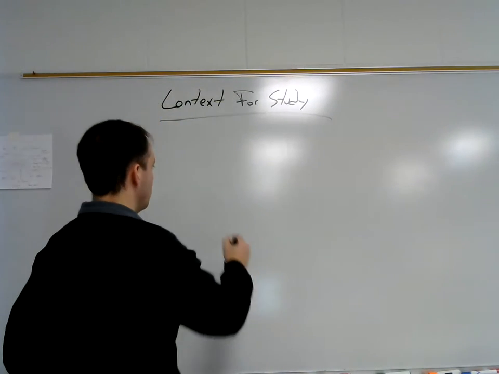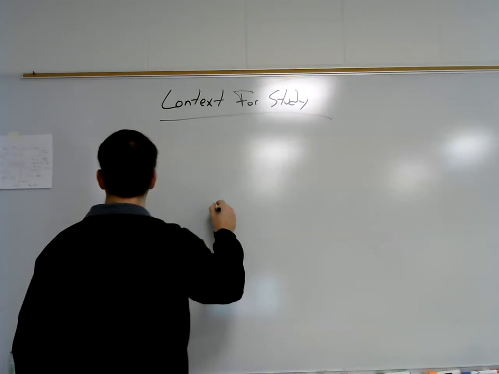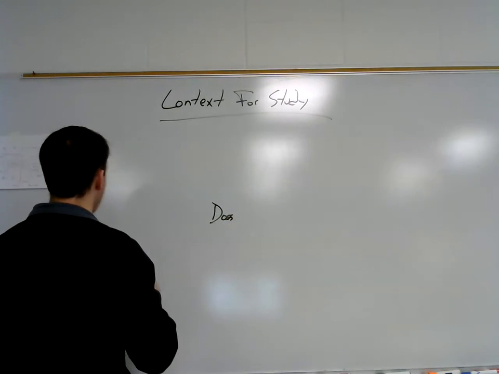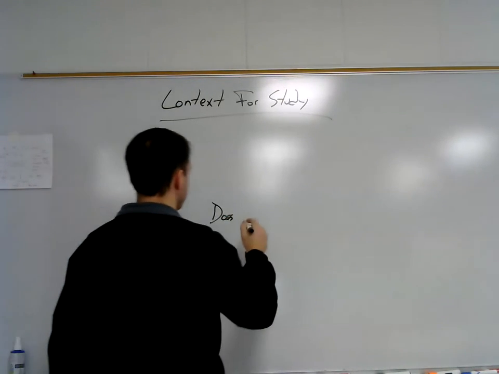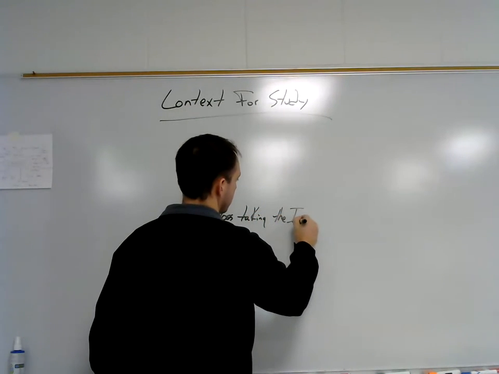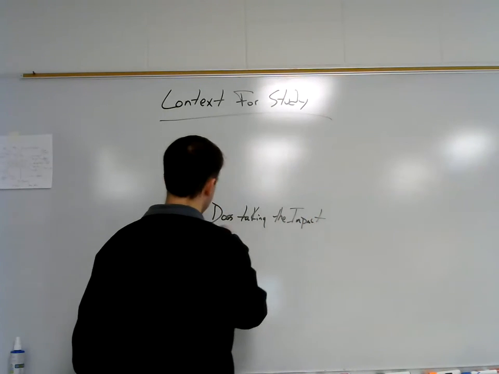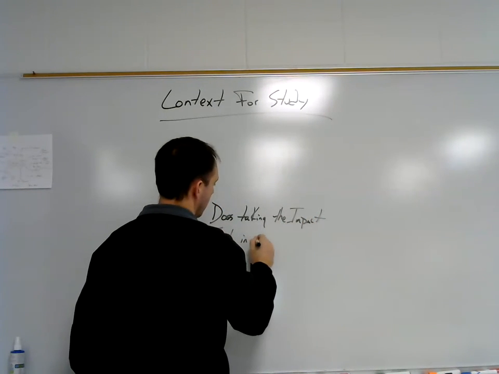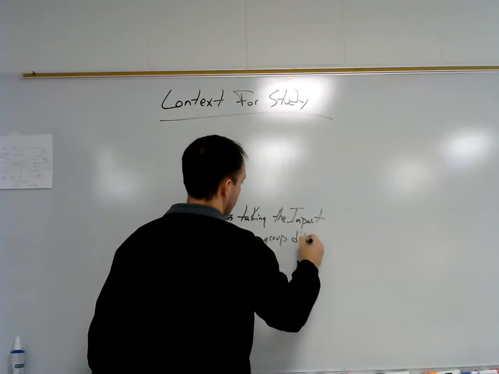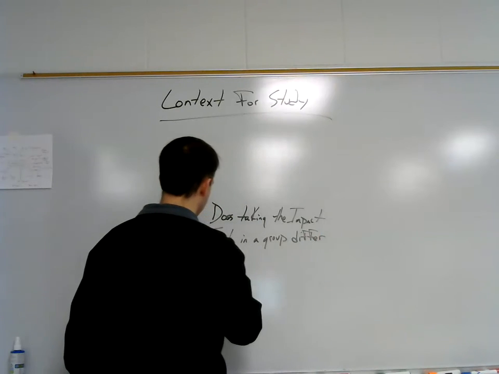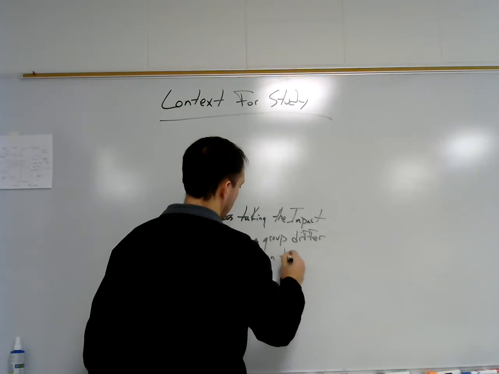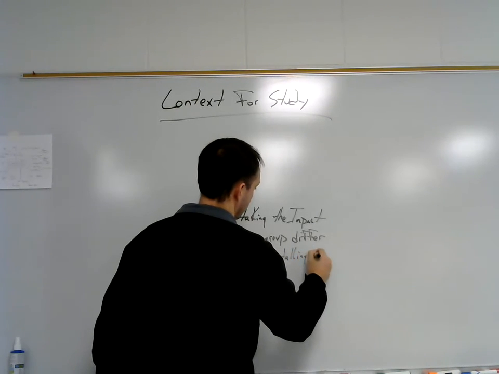So you start with your PICO question in the middle. And for this one, I'm just going to do what I did for my thesis, as well as upload this: does taking the impact test in a group differ in outcomes than taking it individually.